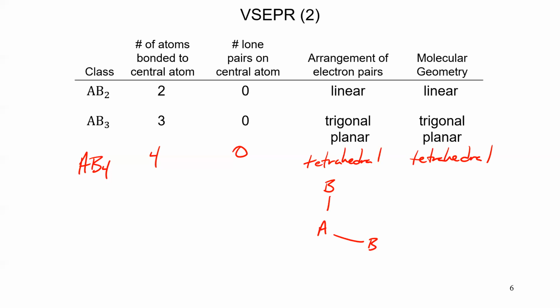In chemistry, the way we represent that is by having sort of a solid wedge, right? And this is our B atom that's coming out at us. I'm going to try to make it just a little bit bigger so it looks like it's coming at us. And then we draw a dash to show that there's a B that goes back into the board.